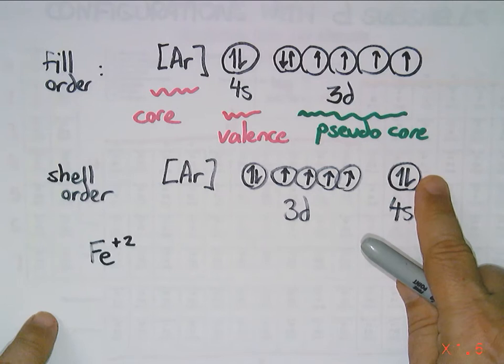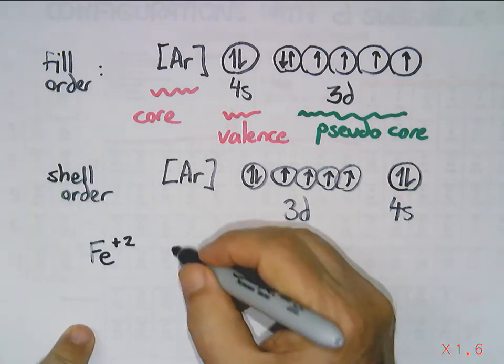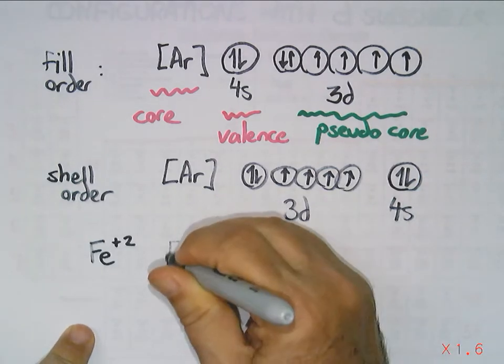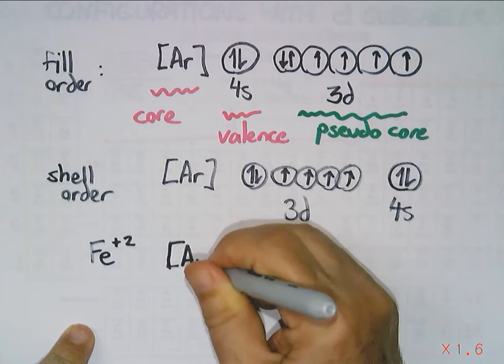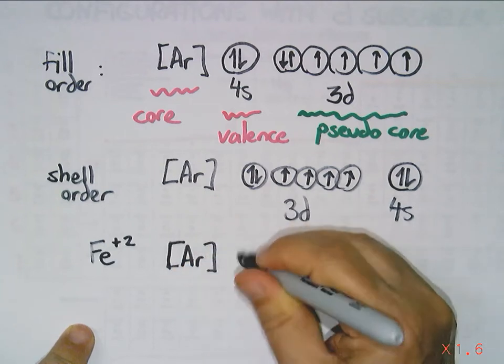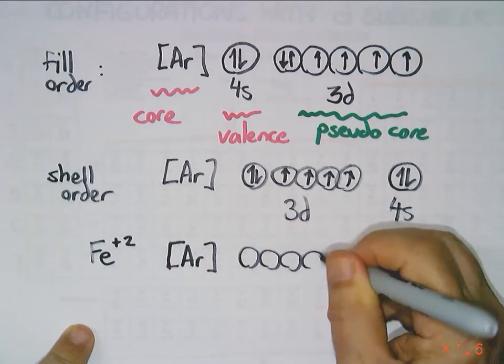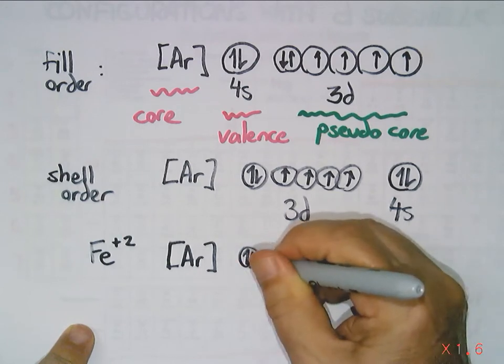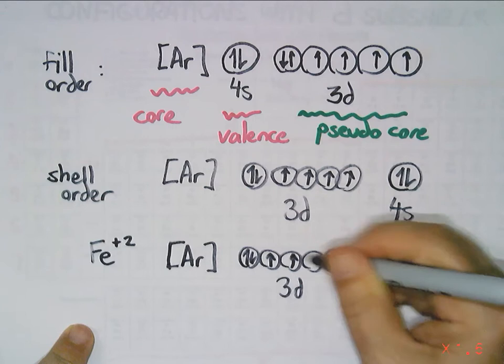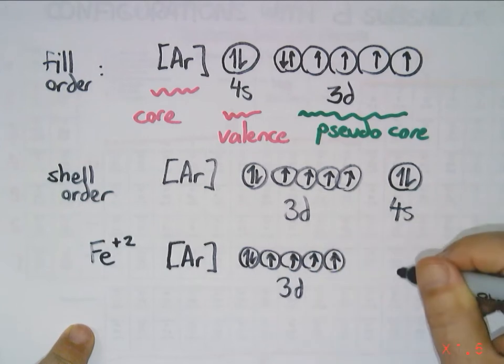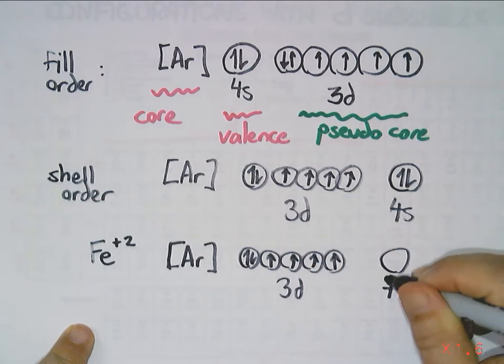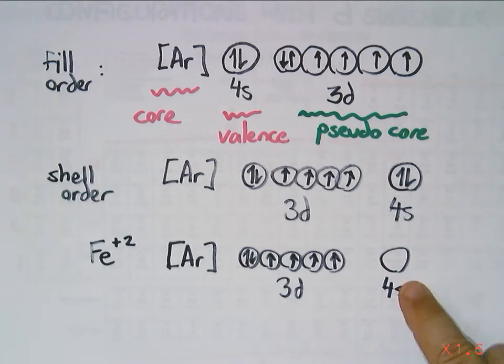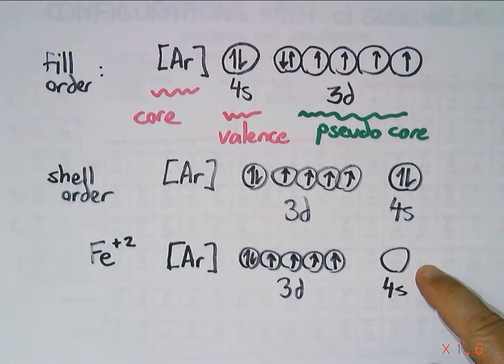And I can do this if I write the configuration in the shell order. The configuration of this ion would be that I've taken the electrons out of the outer shell.